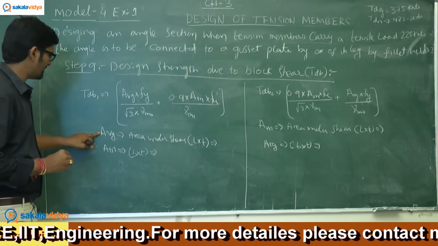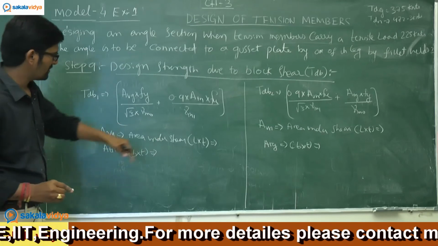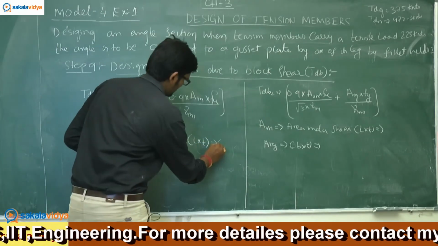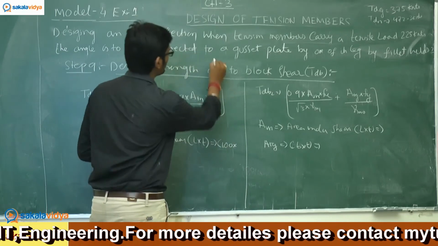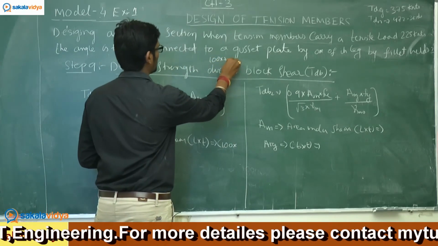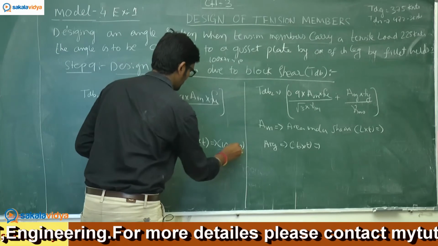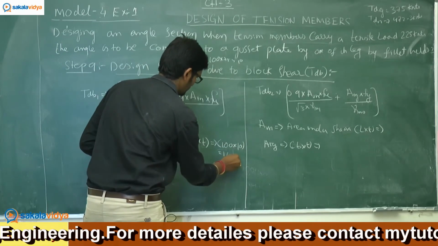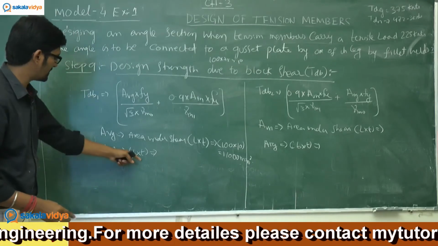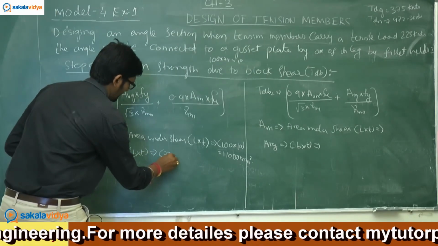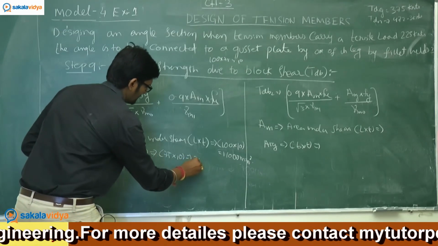So AVG, that is nothing but area under shear. L we are assuming as 100 into T, that is thickness. We took 100 into 75 into 10 mm, right? So 100 into 10 is 1000 mm square. Next comes your ATN, that is B into T, that is 75 into 10, that is 750 mm square.